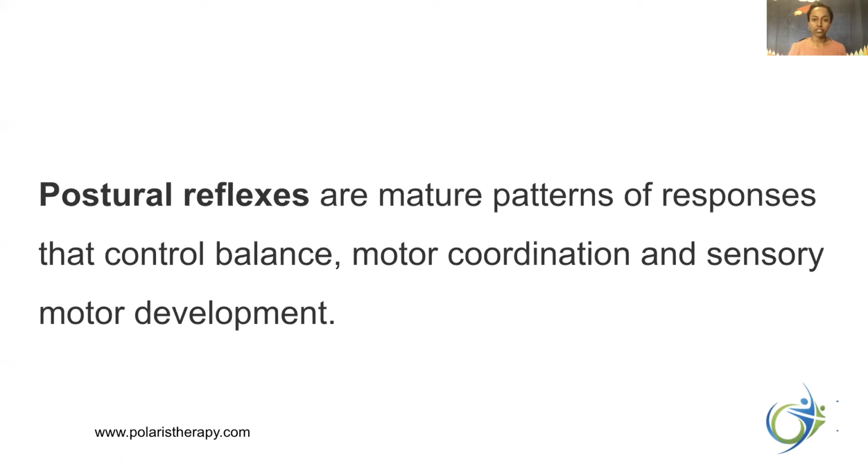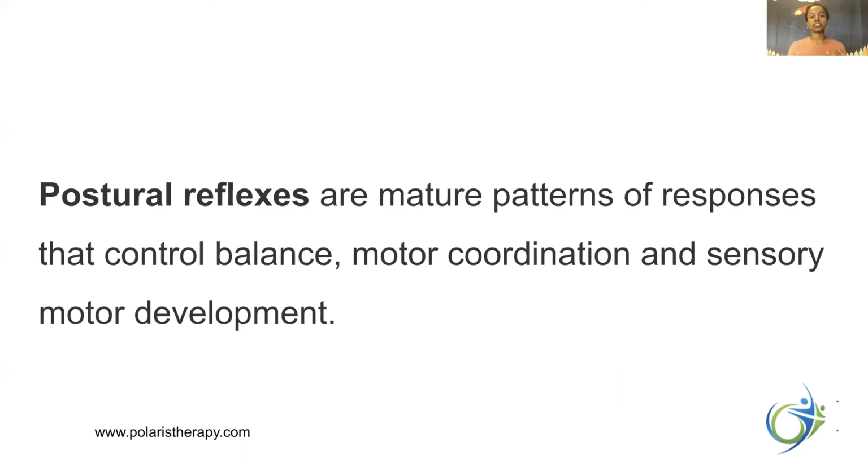They're the foundation for every developmental pattern. That's why it's very important to go back to this foundation to work on these reflexes, because you see the control and the motor coordination, sensory issues, everything built on these primitive reflexes.